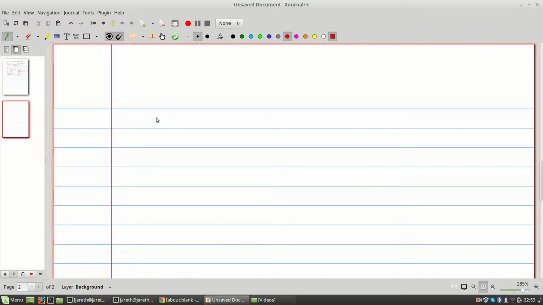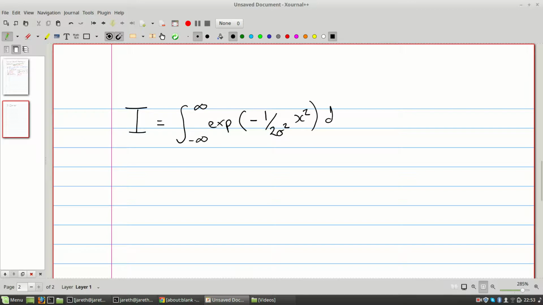Let's make an assignment here, and we'll say I, let me use the same black color here, is equal to the integral between minus infinity and infinity of the exponential of minus 1 over 2 sigma squared x squared dx.